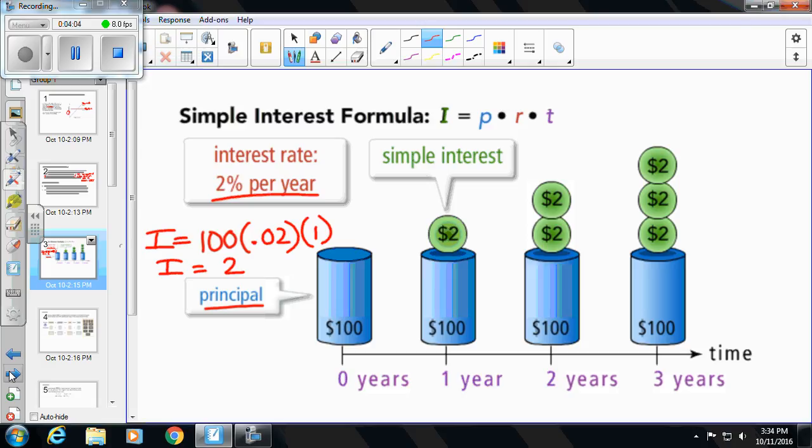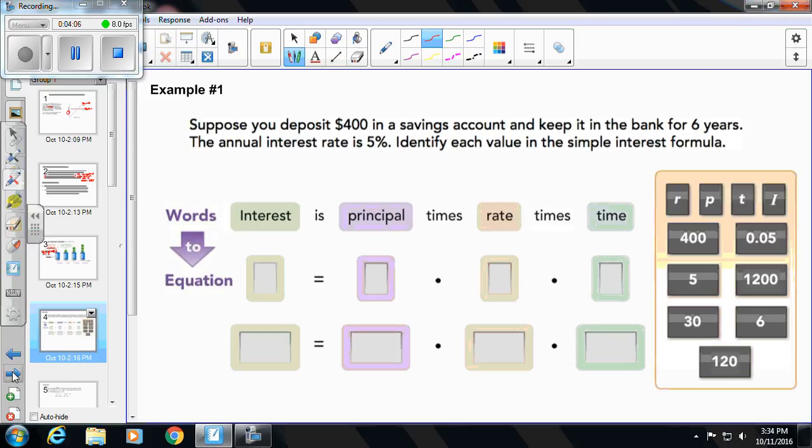Okay? So let's look at an example here. Suppose we deposit $400 in our savings account and keep it in the bank for 6 years. The annual interest rate is 5%. Identify each value in the simple interest formula. So our formula, I is for interest, P is for principal, R is for rate, and T is for time.